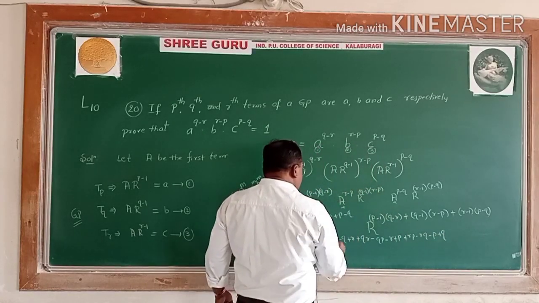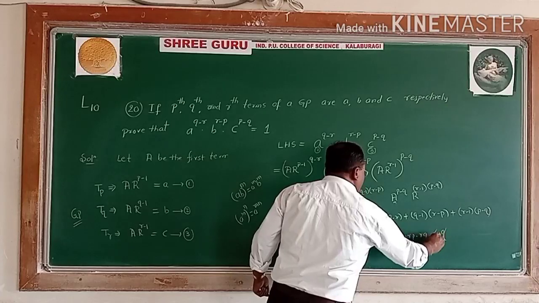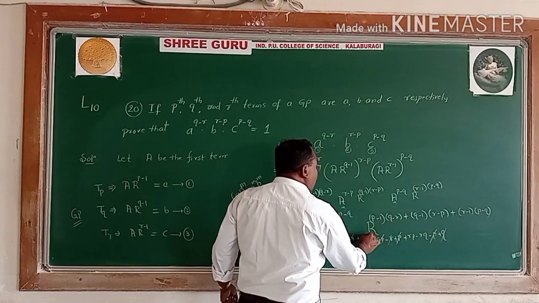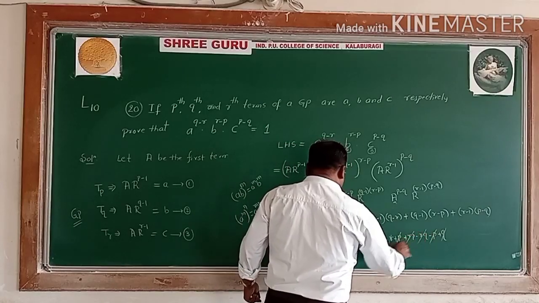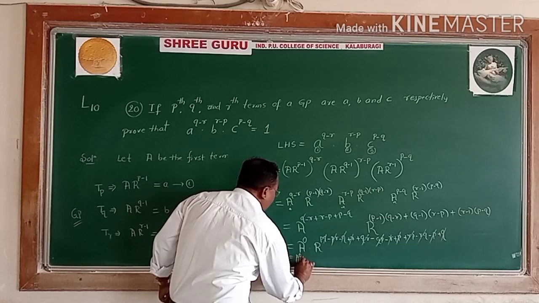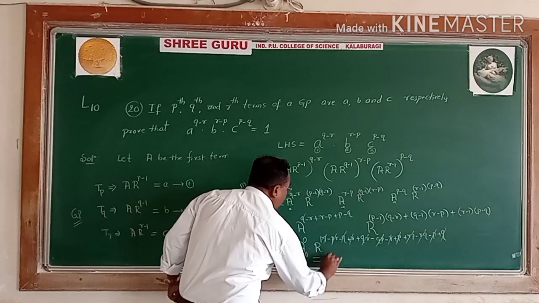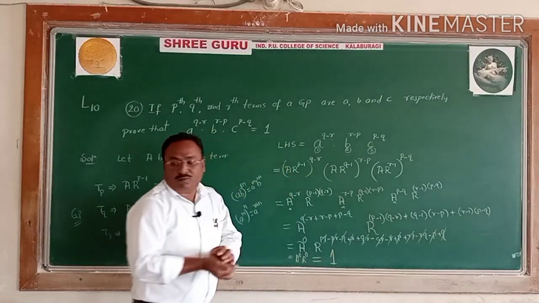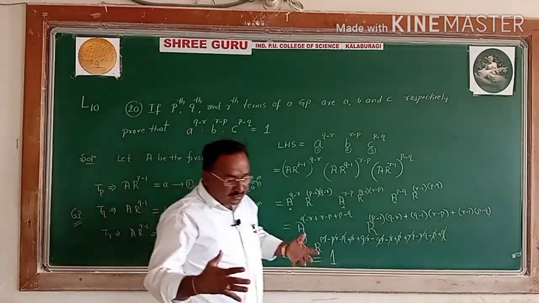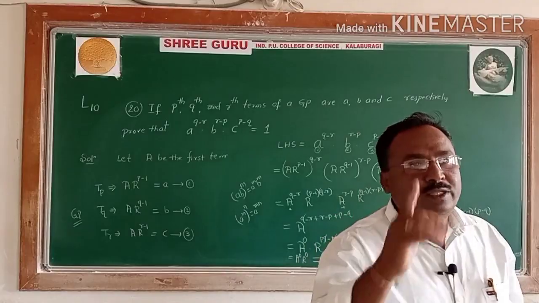Here pq, qr, rp get cancelled. This is A power 0, R power 0. Any number to the power 0, the value is 1. This is very important, carefully write. Here, the geometric progression proof is easy.